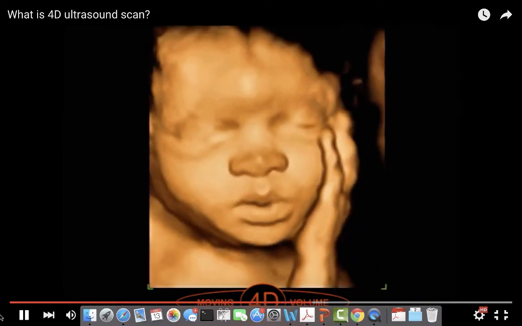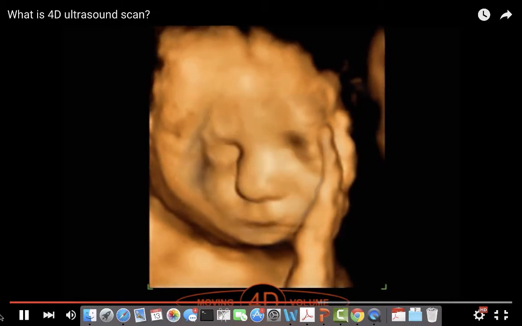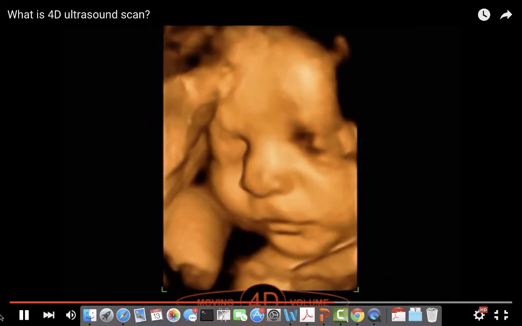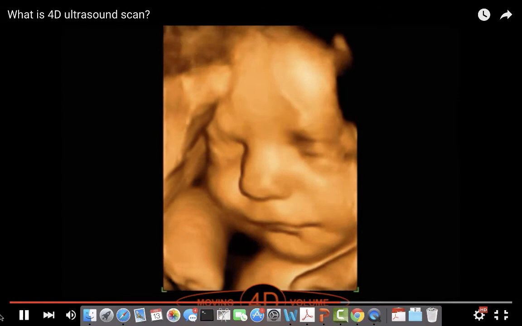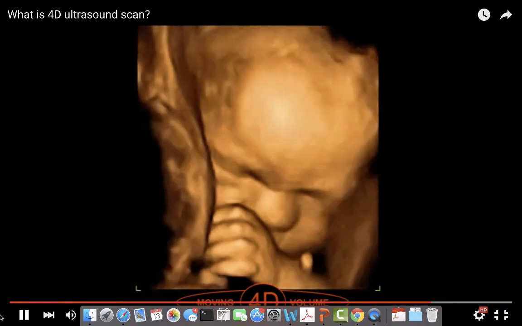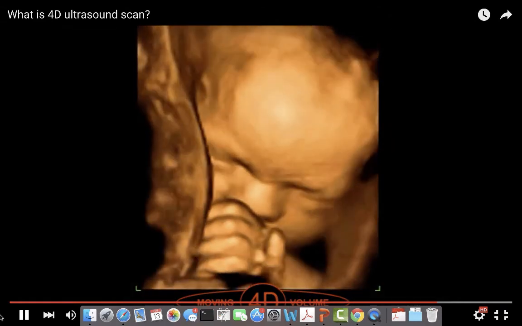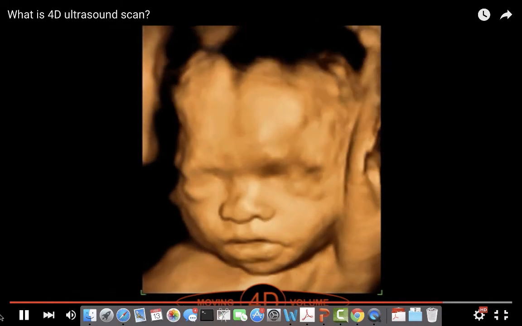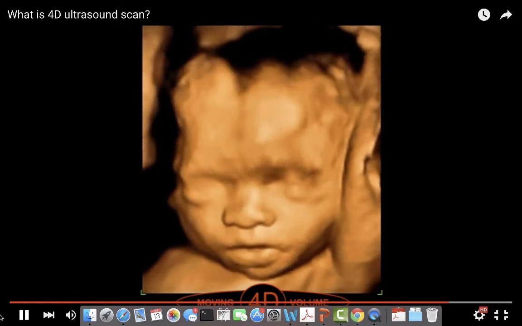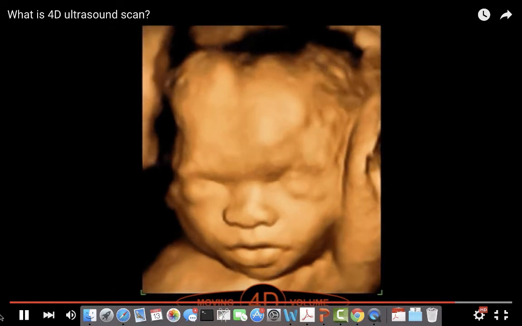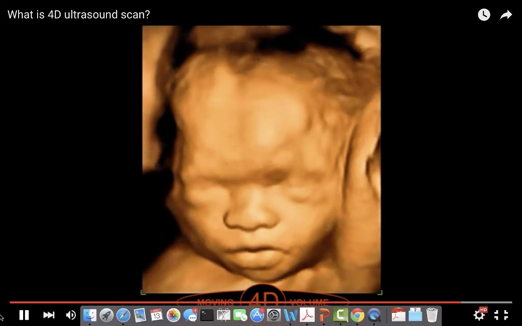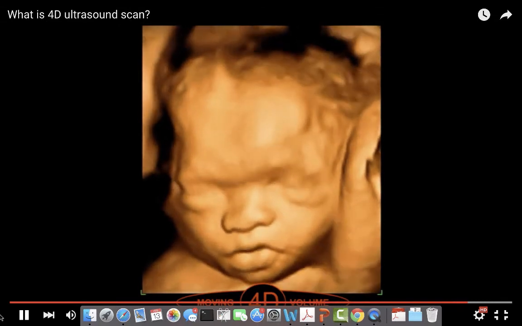We can start to see what looks like breathing movements, potentially sucking movements. As you can see, it's difficult to differentiate the eye movements using ultrasound.